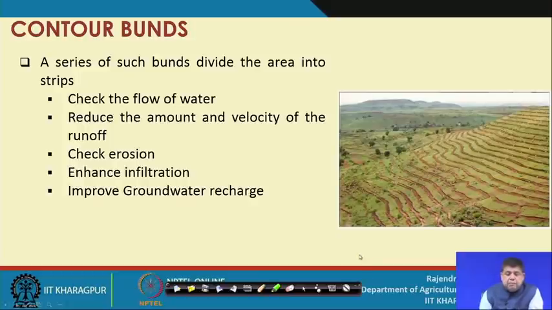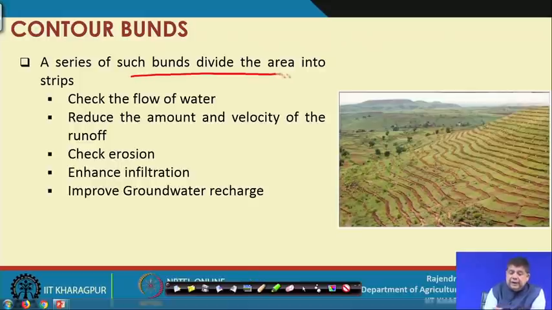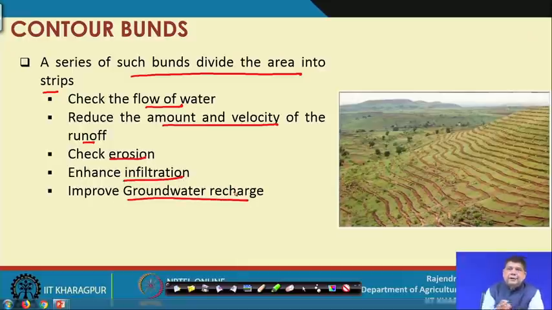The advantages we have already seen: a series of such bunds divides the area into strips, checks the flow of water, reduces the amount and velocity of runoff, checks erosion, enhances infiltration and improves groundwater recharge. The functions of contour bunds are more or less similar to those of bunds in general.